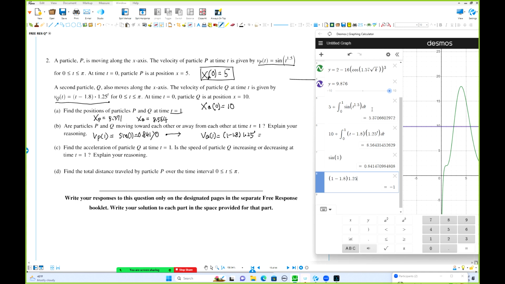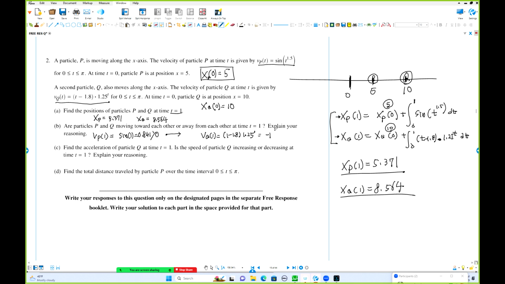Negative 1, right? Negative 1, the minus sign, means move to the left. So P is moving to the right, Q is moving to the left. They are moving toward each other, right? Are you okay with this?